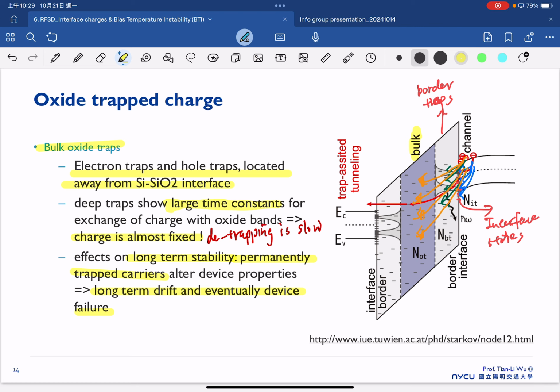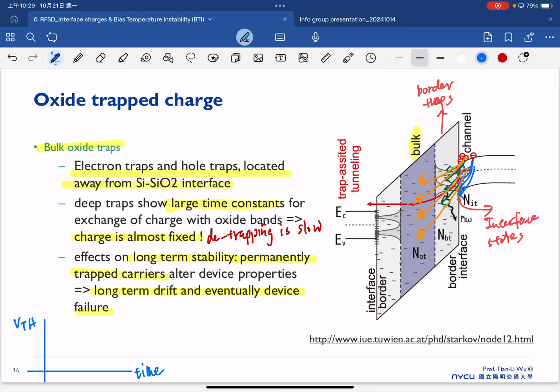The way we can reach this conclusion is usually by looking at the threshold voltage. If we have the plot here, this is VTH versus time.